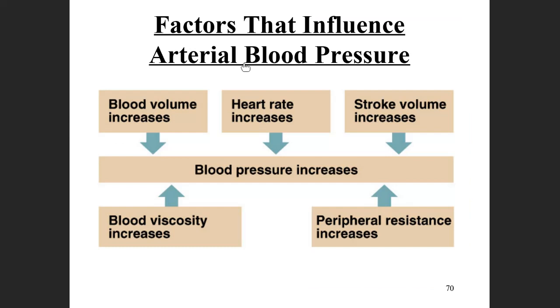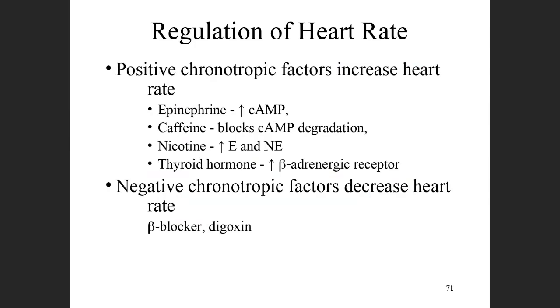Okay? Again, five factors regulating the blood pressure: regulate heart rate. A factor that is affecting the heart rate, the time, is known as chronotropic. Okay? Chrono means time. Positive: epinephrine is the key, right? Caffeine, of course, you already know that.